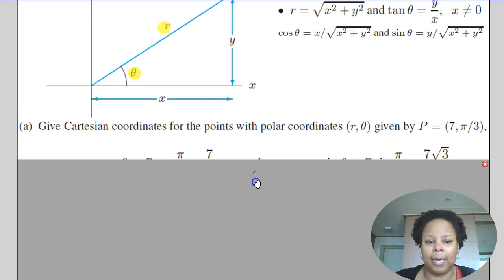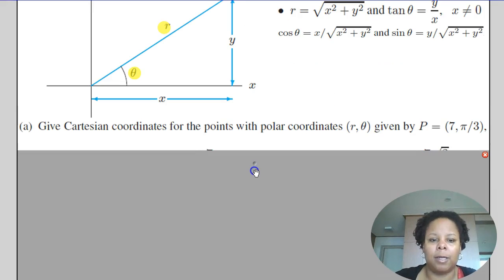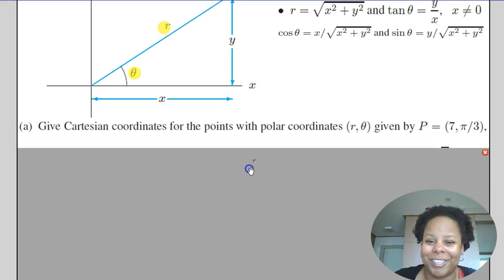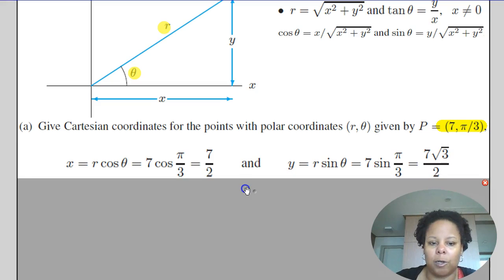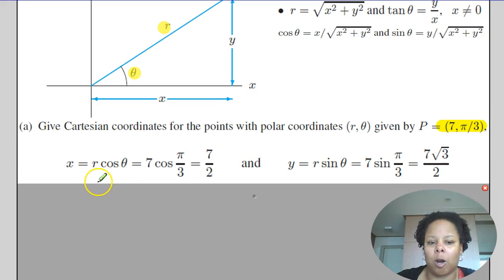Now let's take a look at an example. Given the polar coordinates, we have to determine the Cartesian coordinates, the x and y. So again, x is equal to r cosine theta. In this case, our r is 7 and our theta is pi over 3.